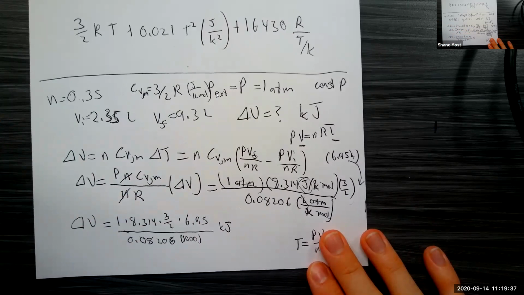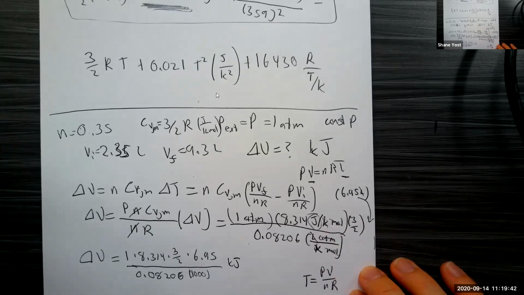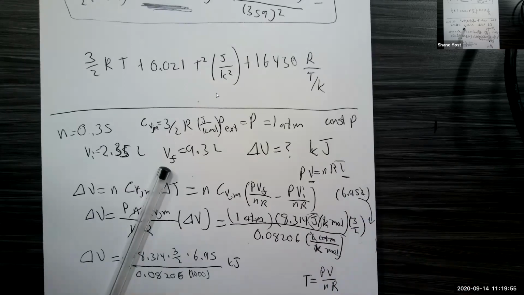Final minus initial, CV, 2 and 4, the answer is negative. Delta T, the temperature should increase because the volume is increasing, so it should be a positive value.